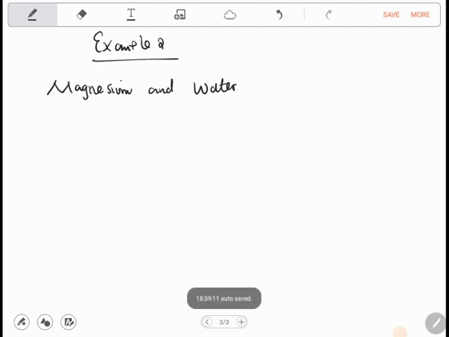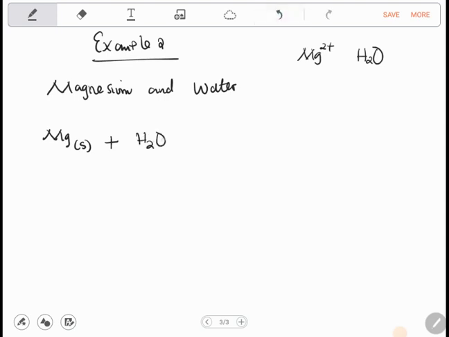What's the symbol for magnesium? It's Mg, and it's a solid, and it's found in group 2. And water is a liquid. So we're saying magnesium plus water.